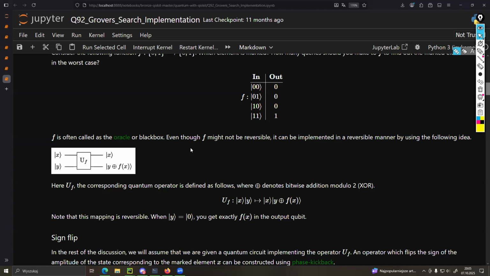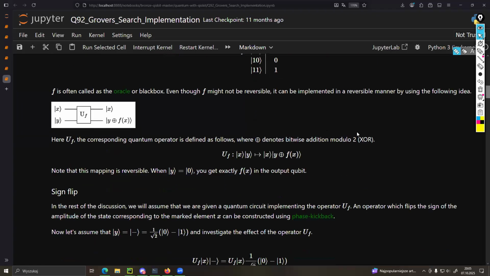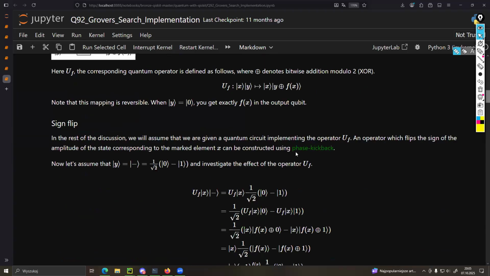He does some operations on it, and then our job is only to append a Grover operator at the end to diffuse, to alter these probabilities in the end, right? So we will take a sneak peek into this black box.